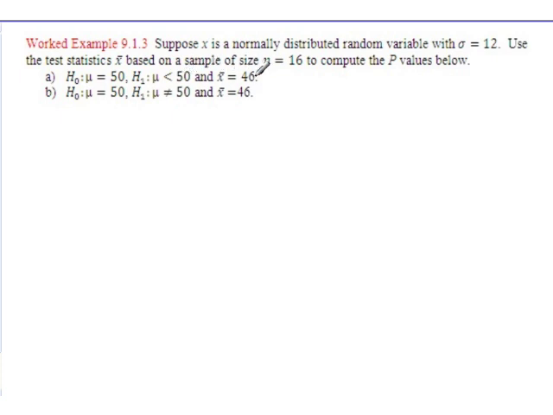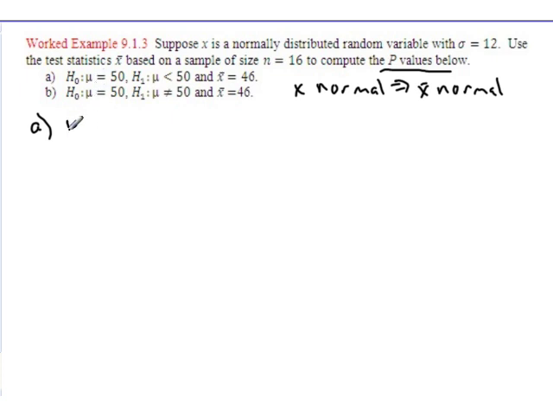Test statistic 46. First, before we can compute any p-values, we should verify that we can use the normal model. Since x is normal, that implies x bar is normal. Therefore, in part A, we can compute our p-value.